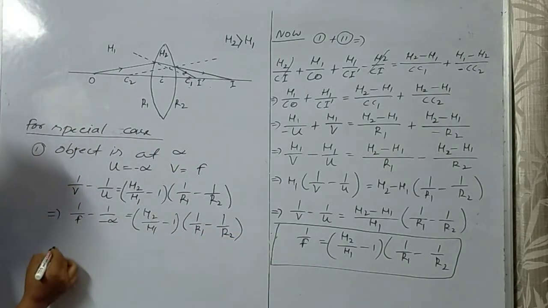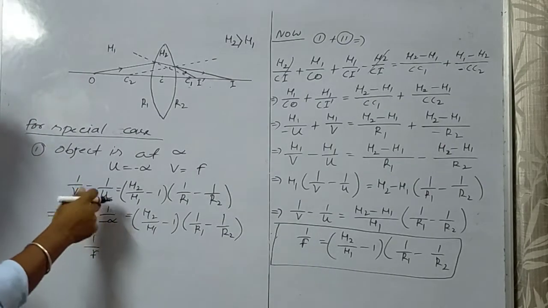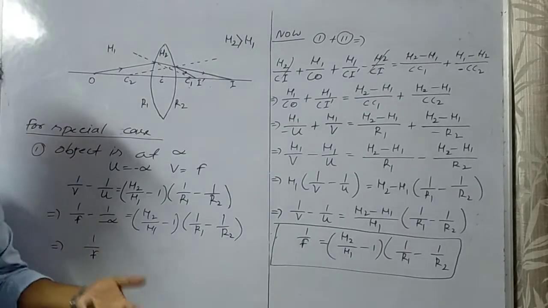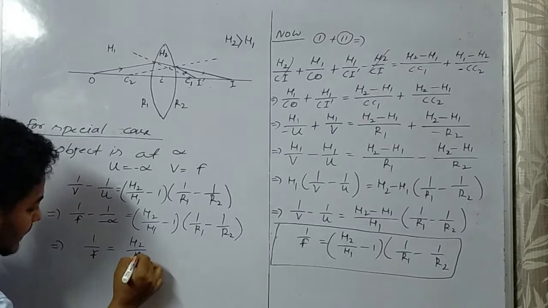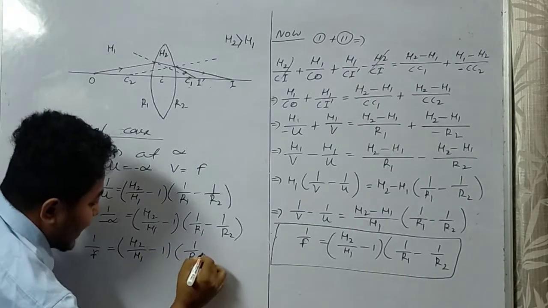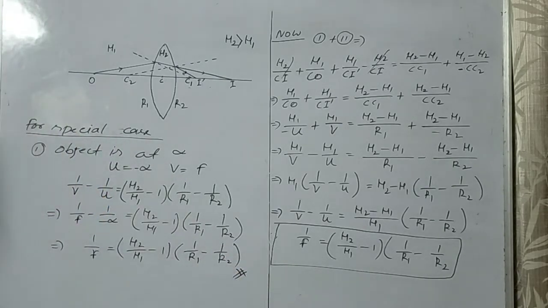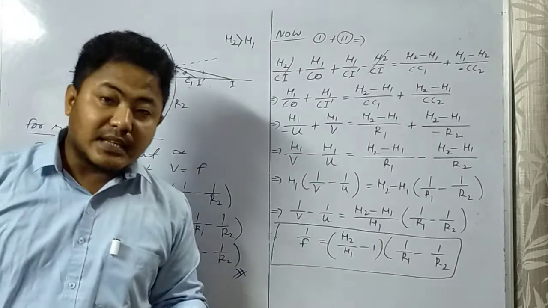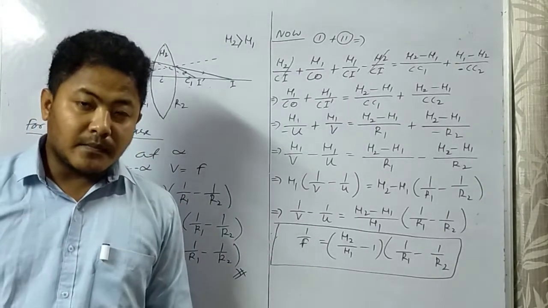So this implies we can write 1/f, and 1/minus infinity will give you 0 result. So 1/f = (μ2/μ1 - 1)(1/r1 - 1/r2). This is the lens maker formula, special case when the object is at infinite distance.